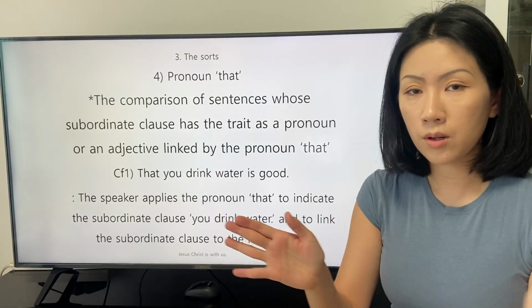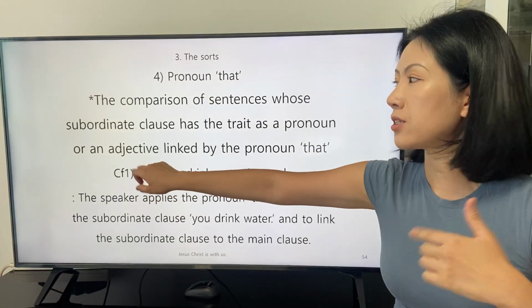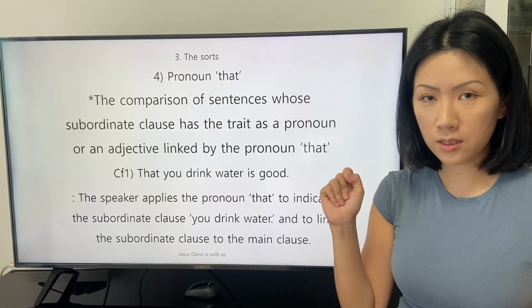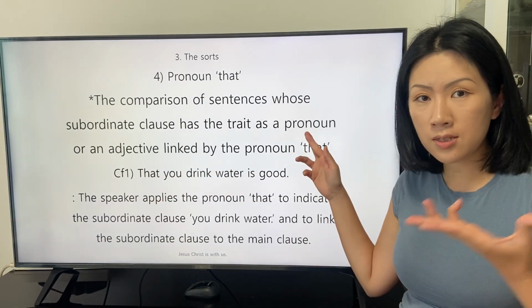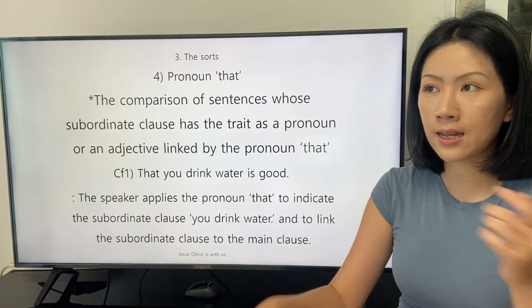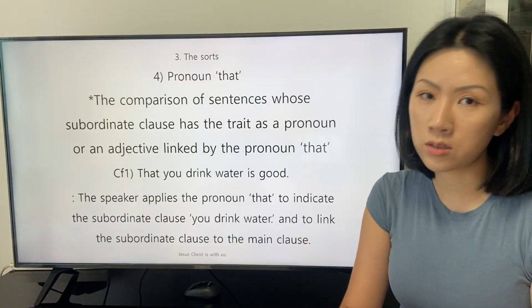We are studying the subordinate clause that has the trait as an adjective for the precedent in the main clause, but we've studied the subordinate clause that functions as a pronoun in a sentence. Like, I think that this umbrella is awesome.